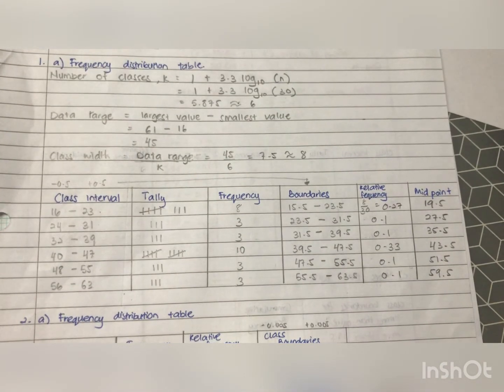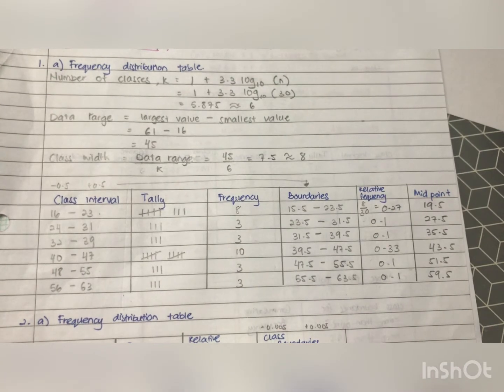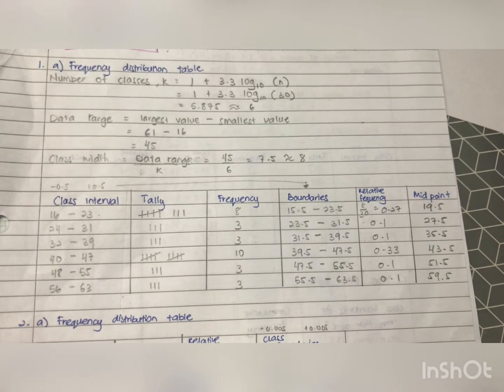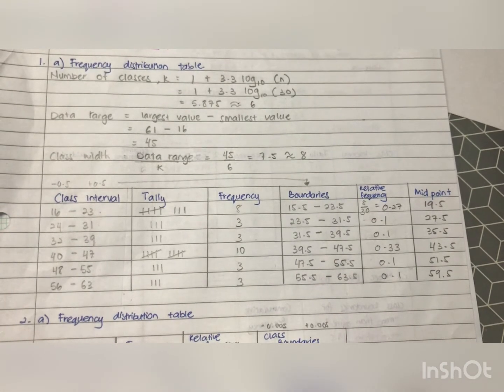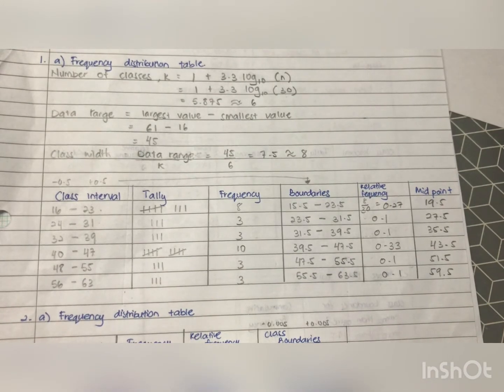So let's move to the tally. How can we find the tally? We can find the tally for each class by counting the data numbers that the question gives us, using the class interval for each class.